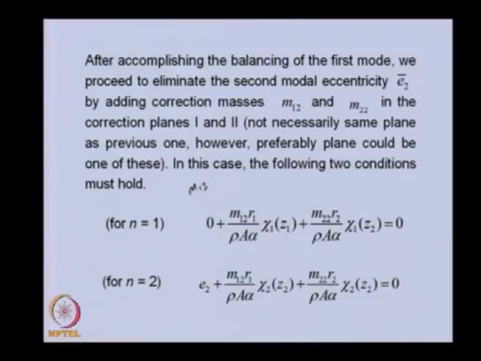So, this condition will ensure that whatever the choice of these two masses M12 and M22, the first mode is not disturbed, it is balanced.